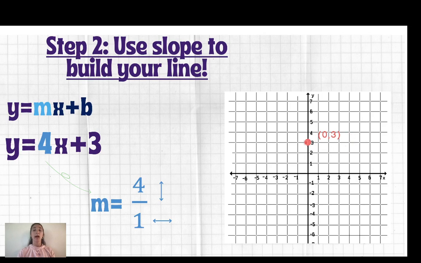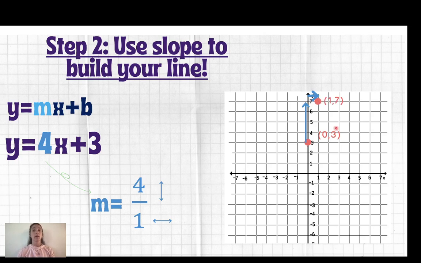At right, we have our y-intercept plotted. We are going to utilize our slope to go up 4 units: 1, 2, 3, 4.